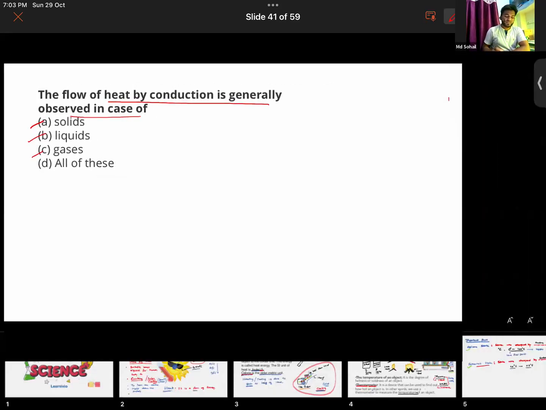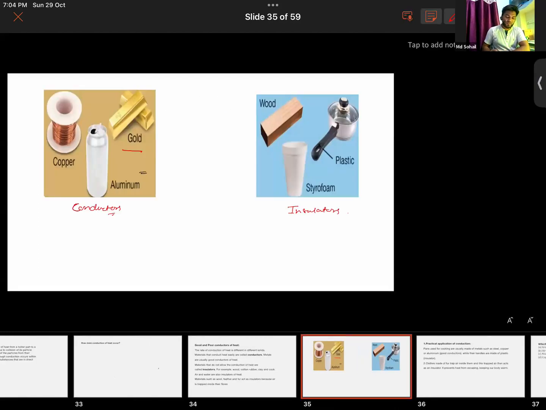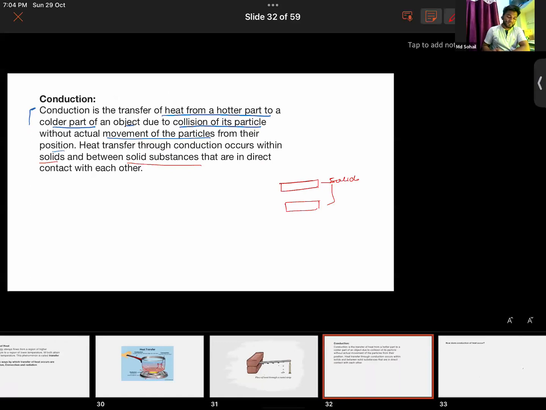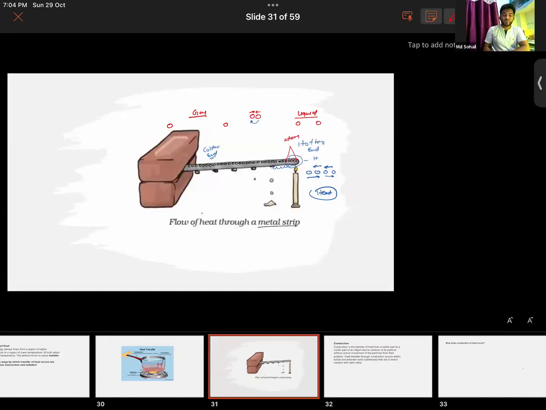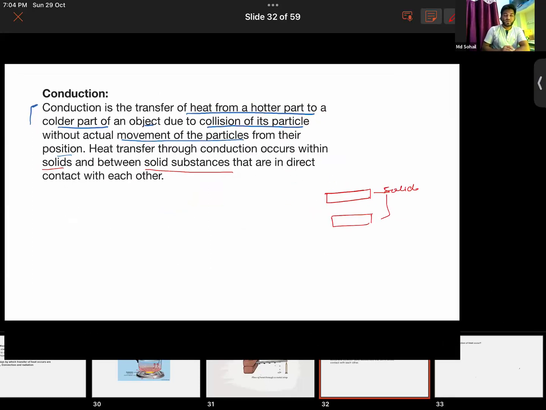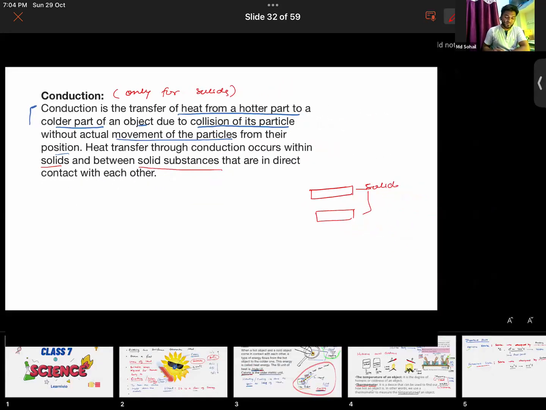In all the examples we had so far, and in our discussion also, we considered examples of solid metals only. And conduction will only occur within a solid object or between two solid objects, right? So conduction is applicable only for solids. Always remember this.